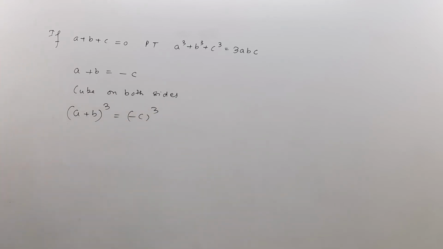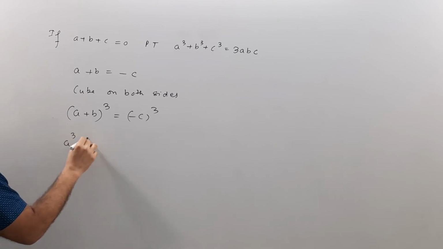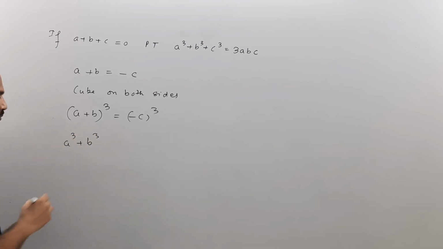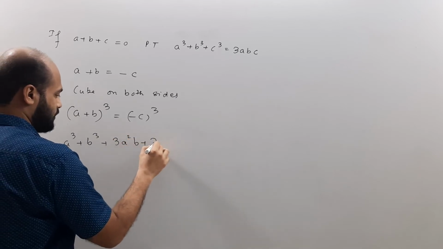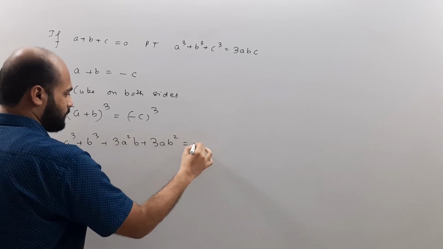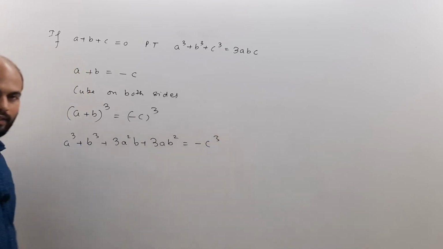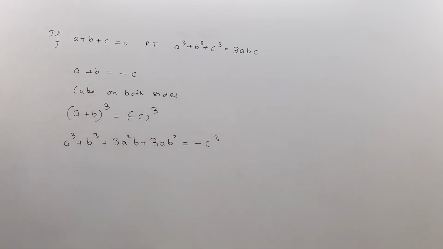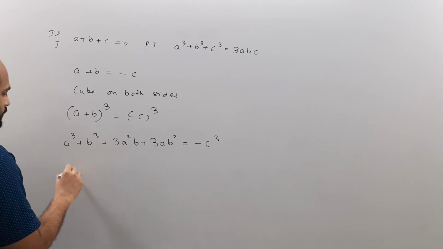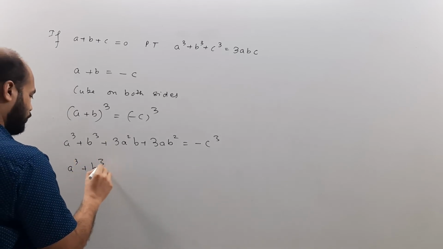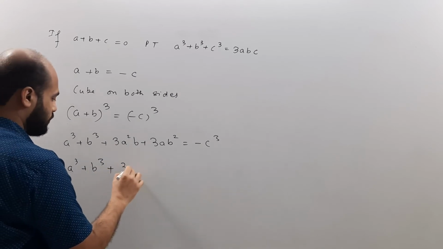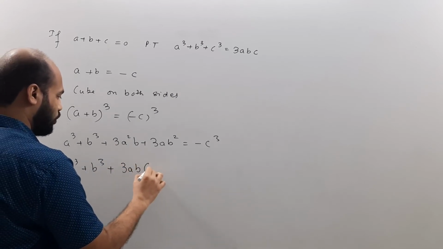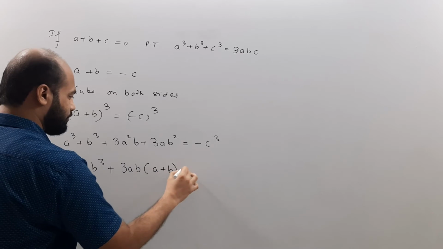And now we can expand this as a cube plus b cube plus 3a square b plus 3ab square is equal to minus c cube. So this could well be written as a cube plus b cube. You can see that 3ab is common, so we'll remove it out, 3ab, and inside what you have is a plus b.